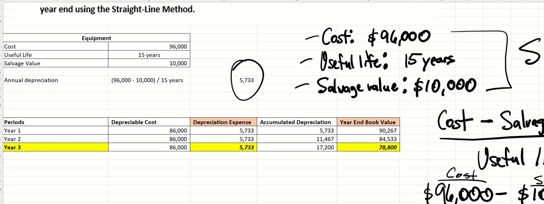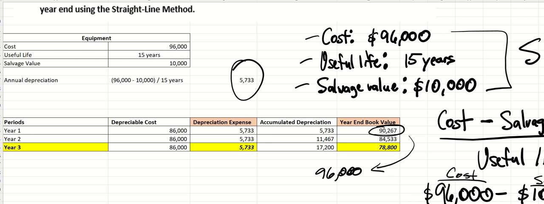and that's going to give us a year-end book value of $90,267. Okay, so you may be a little confused as to why it is $90,267 for the year-end book value. With this example, the book value takes into consideration the $96,000, because that's how much the equipment cost.